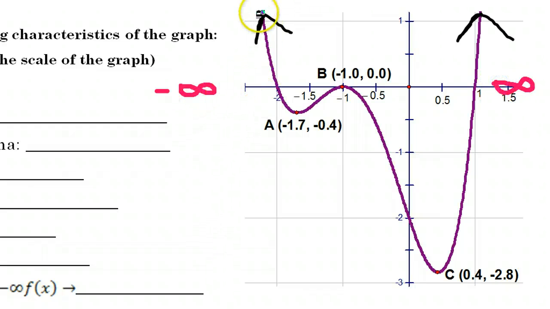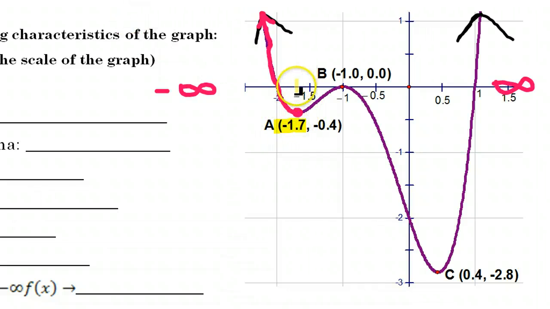Okay, so starting from negative infinity, as we travel along the curve like this, for the first part of the journey we are falling. Okay, so that is a decreasing interval. Alright, so like I said, we're coming in from the far left here, so this is going to be from negative infinity to this point right here, but all we care about is the x value.